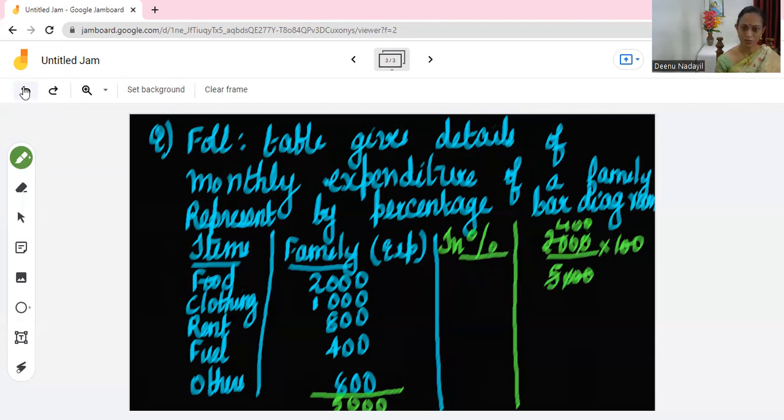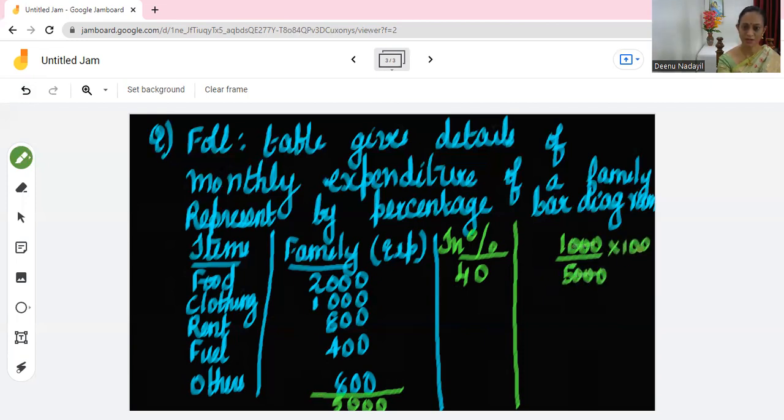So we will write 40 here. Now coming here, how to do this? 1000, in the same way, 1000 divided by this total 5000, into 100.